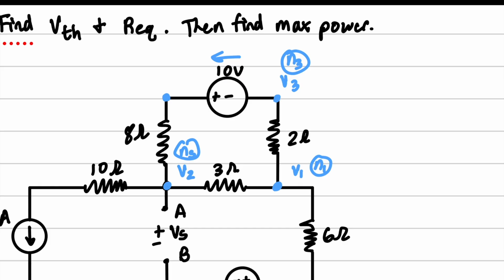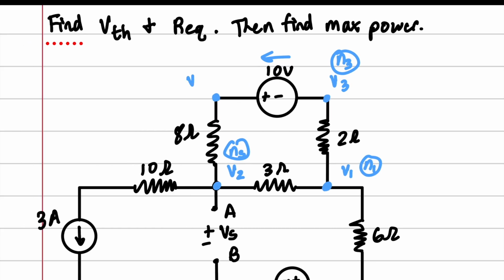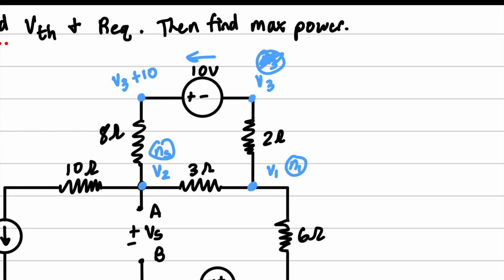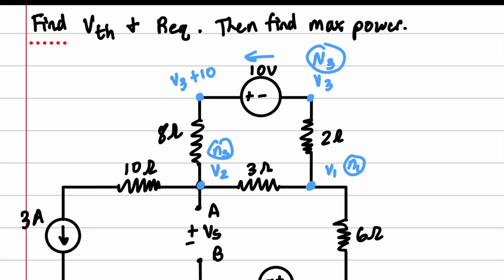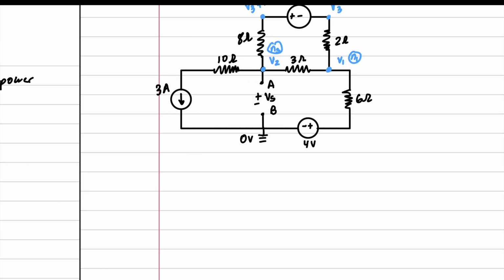Instead of calling this V4 and introducing a fourth variable, let's just say that this is V3 plus 10. And let's turn this lowercase n into a big N to show that it's encompassing all of this. So step 1, remove network, completed.